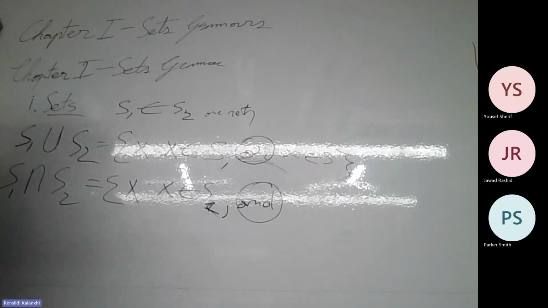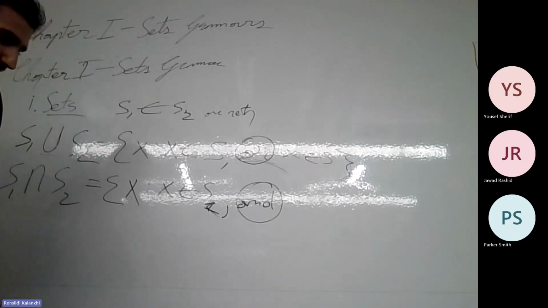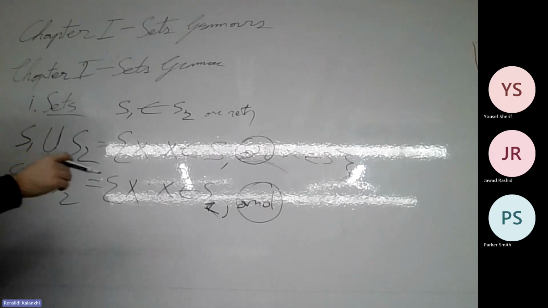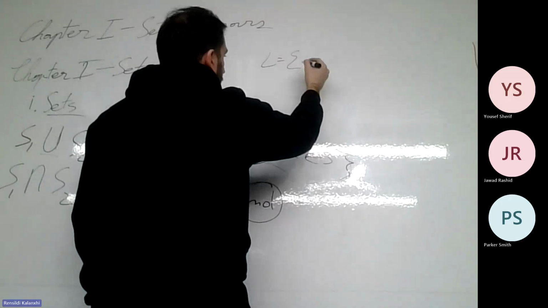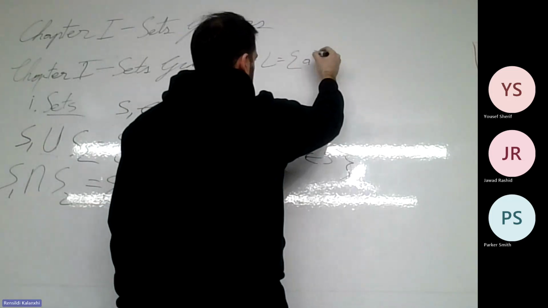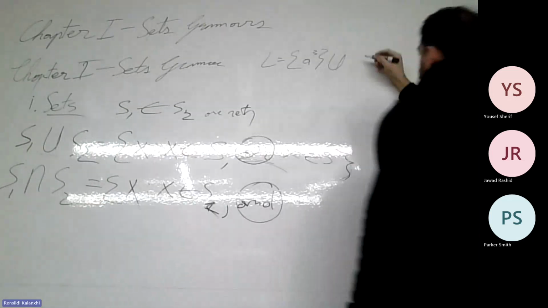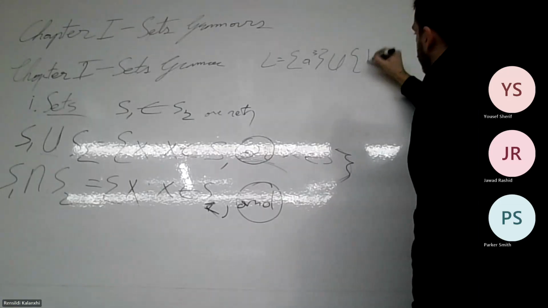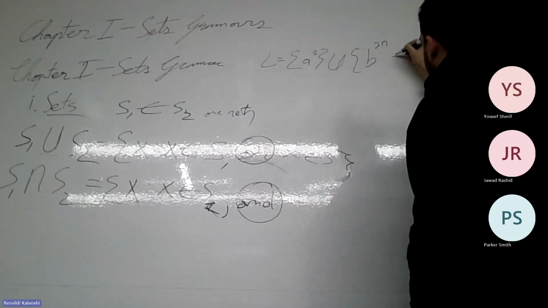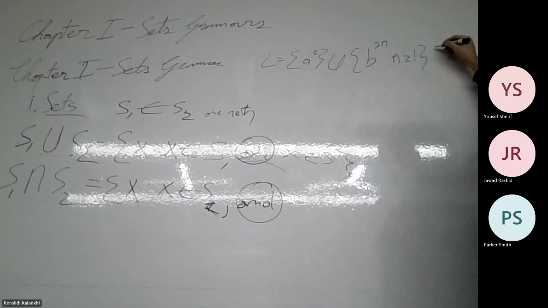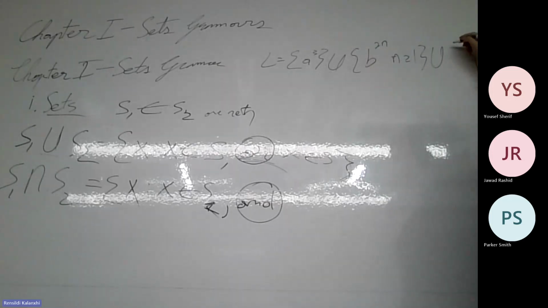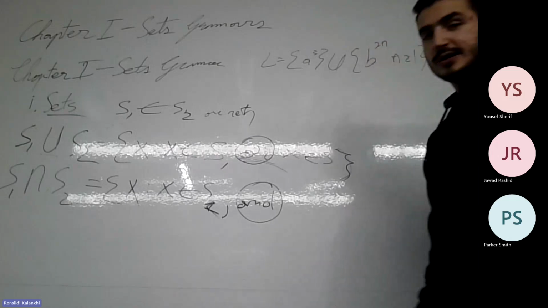So when you build the machine, and the language says something like in the homework, for example, L is equal to A3 union something like B to the M plus where N is bigger or equal than 1 union A5. So this one kind of dictates how you're going to build the machine, basically.